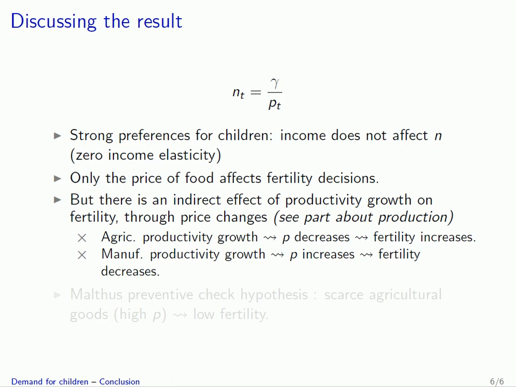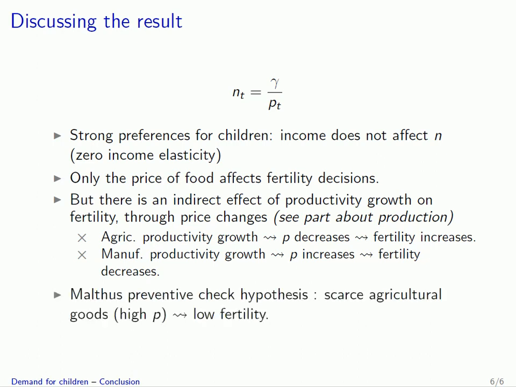Indeed, if the productivity in the agricultural sector goes up, then the relative price of food compared to manufacturing goods will decrease, which means that fertility will increase. On the other hand, if the productivity in the manufacturing sector increases, then the relative price of food will increase, which means that fertility will decrease.